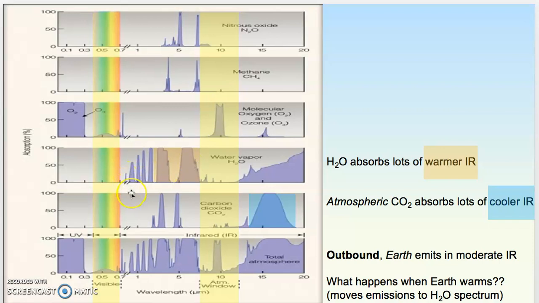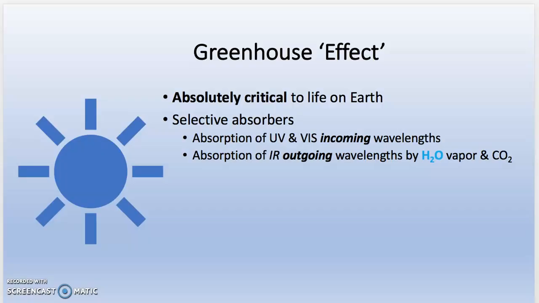So this is the sum of the specifics of greenhouse gases and the wavelengths that they absorb. When we look at the greenhouse effect, it is, as we said, absolutely critical to life on Earth, especially with the UV absorption by ozone and by molecular oxygen, and the ability of the Earth's surface to absorb visible incoming wavelengths.